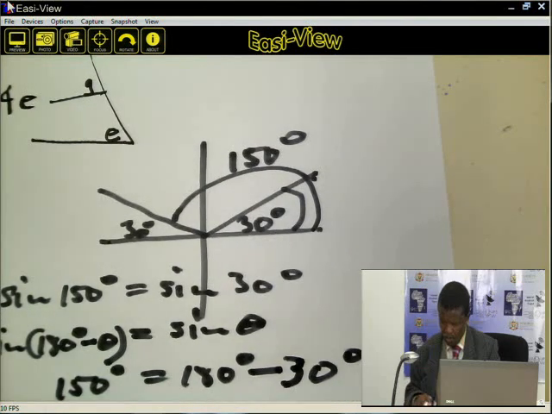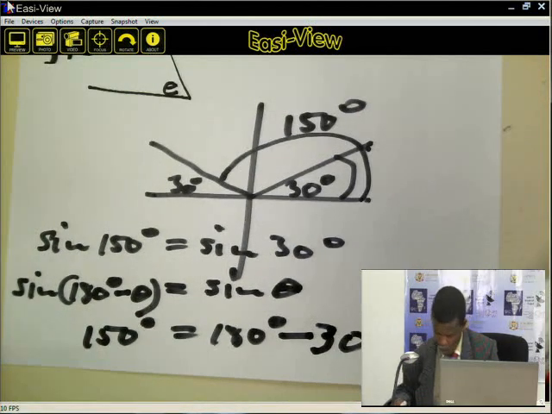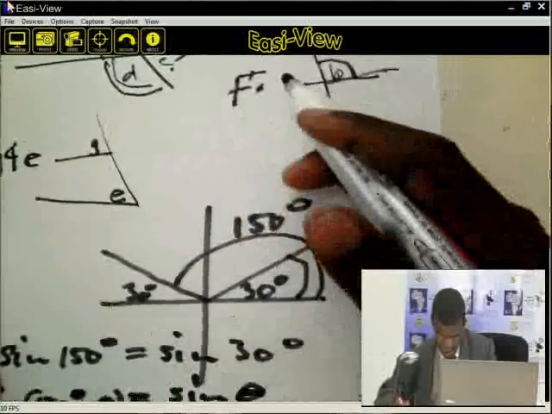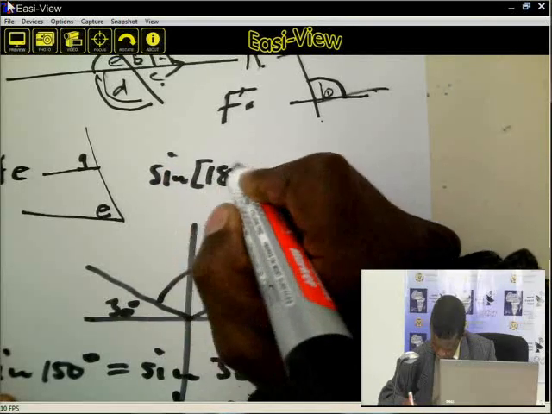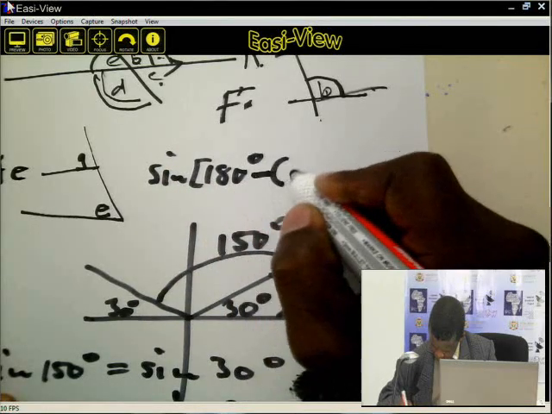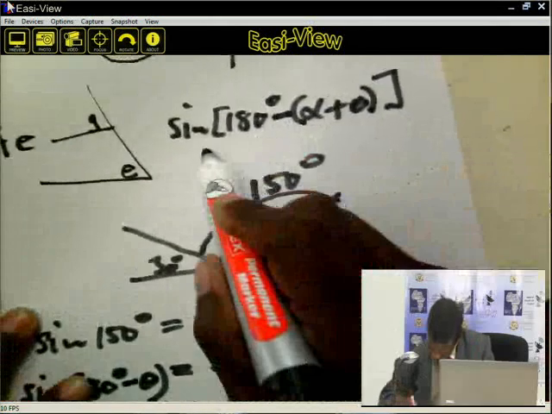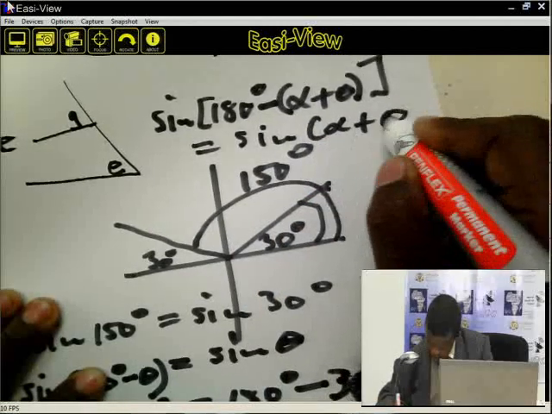And I wish to reiterate that you often come across the situation where you are dealing with sine of 180 minus, say, alpha plus theta, which then is equal to the sine of alpha plus theta.